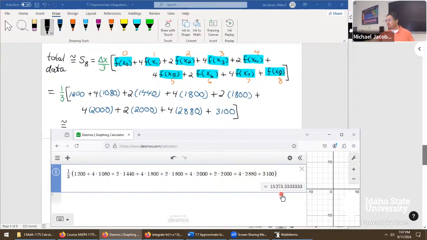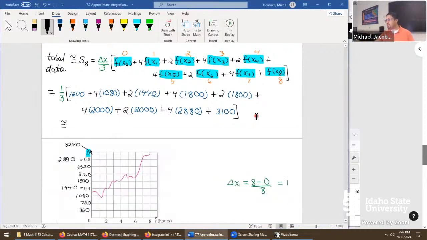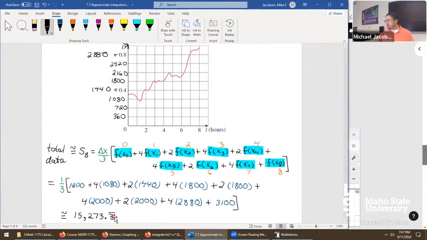So finally, we've got a number, that third data point is, or excuse me, 15,273.3 repeating. And I mean, repeating is kind of silly because this is a pretty blunt approximation, but that's how the calculator landed. I'll just stick with that.